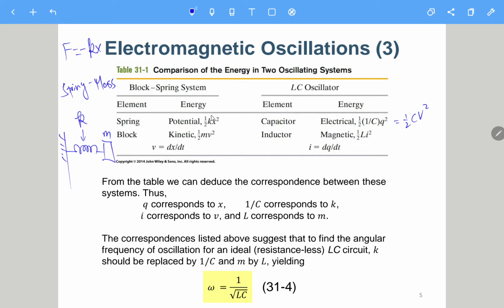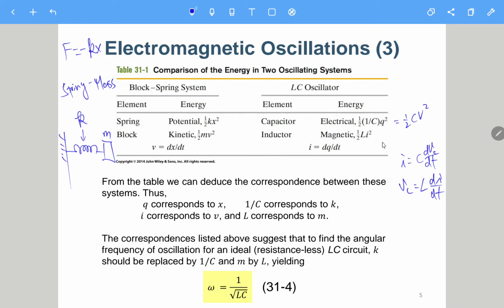Taking the first derivative of the displacement gives the velocity, and here also we have q; when we take the first derivative, it becomes I. Or if we just use v and I, then we still have I equals C dVc/dt, or VL equals L di/dt.